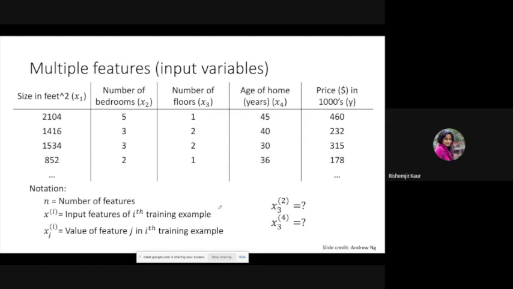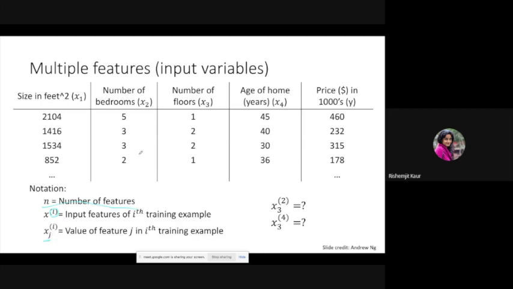In this case, again, one thing you have to understand is the mathematical notation. Where m represented the number of examples, n is the number of features, and x i, if you remember, represented the ith training example. Here, the j subscript will be used to describe the value of the feature. For example, x3 of 2.